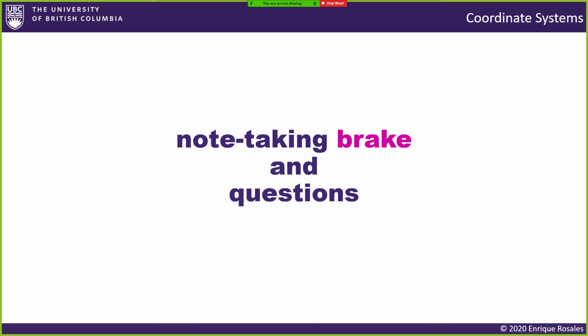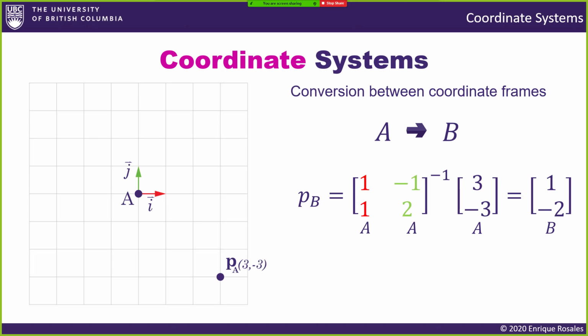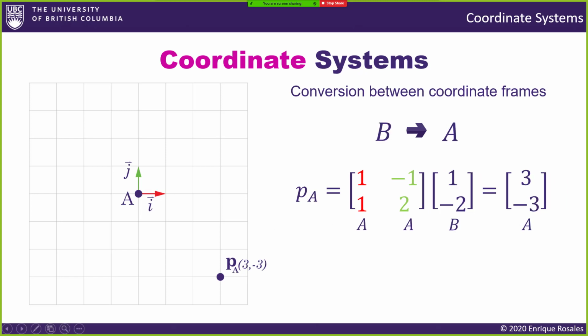Pavel is asking, how do we know what the matrix values are in this case? Pavel, are you referring to this matrix, these values, 1, 1, and minus 1, 2? These are exactly the same as before.